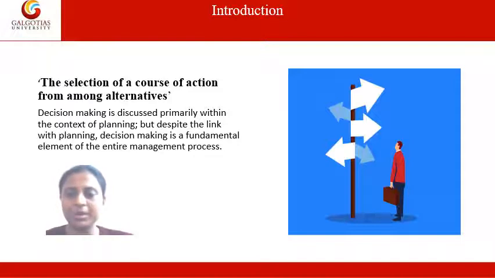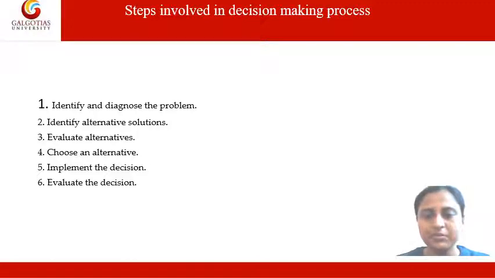For example, if a company decides to enter into foreign markets, then detailed analysis would be required. So basically, decision making takes place at all levels of an organization and is therefore a very central part of a manager's role. So most of the models of decision making include 6 essential processes.